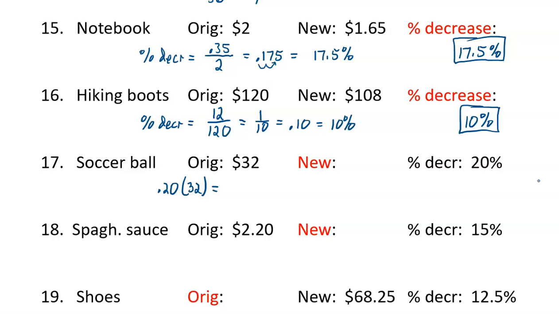So 0.2 times 32 equals 6.4. Or because we're working with money, $6.40. Now, the price is decreased, so the new price is found by subtracting that money from the 32. And this is 25.6 or $25.60.